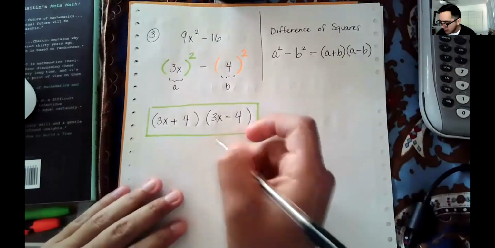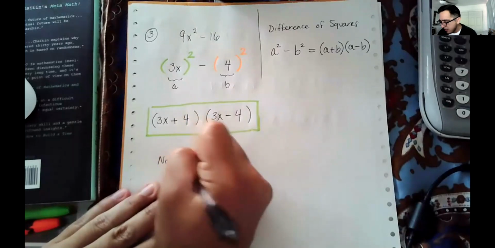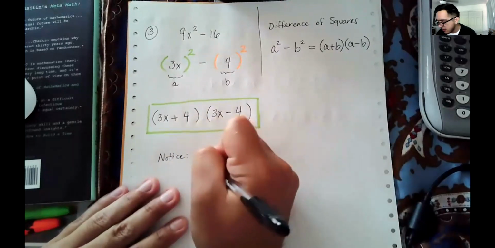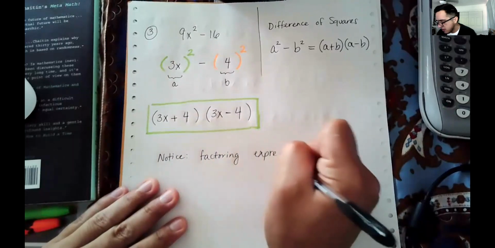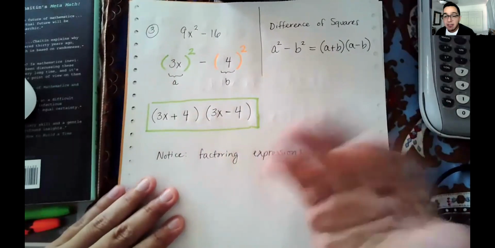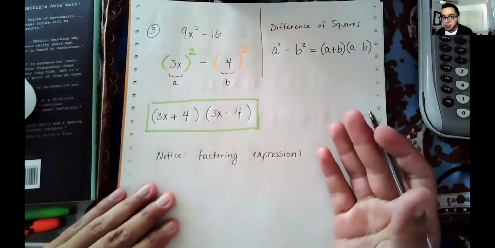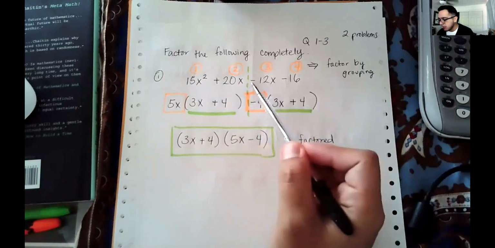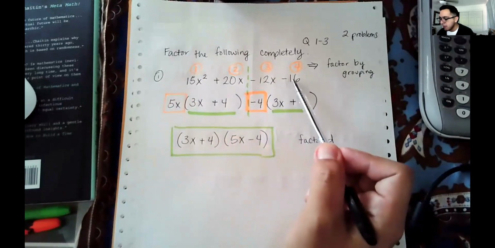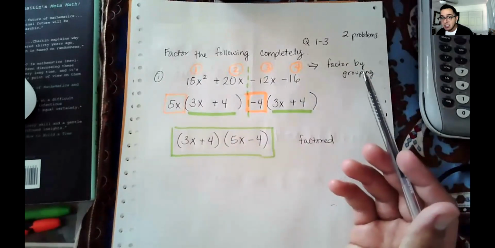Okay, so notice that when we factor, we don't have any equal signs in these problems, right? So if I look at the first problem we worked, we just have 15x squared plus 20x minus 12x minus 16. There's no equal sign in this expression.